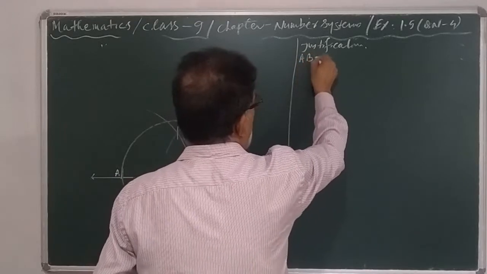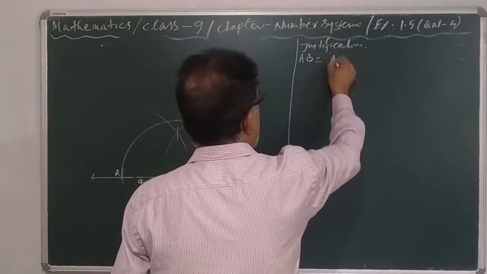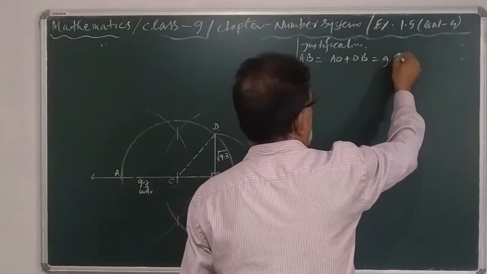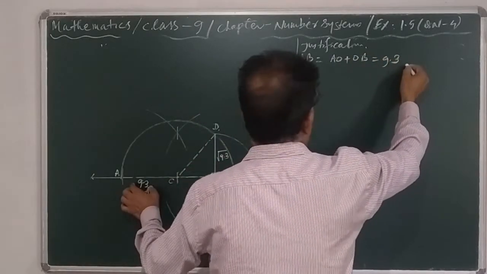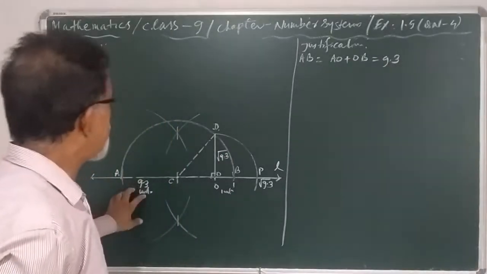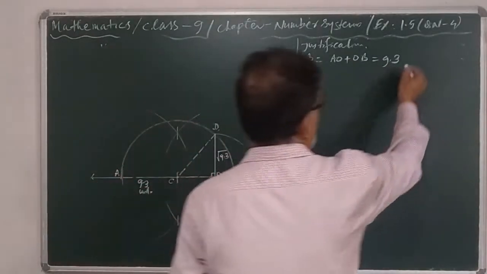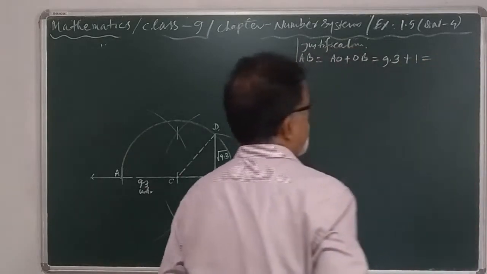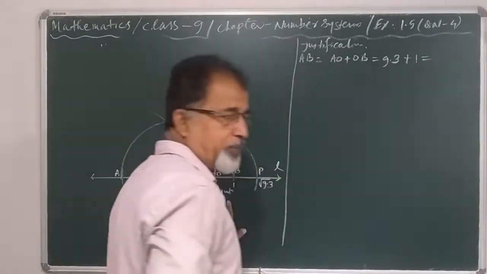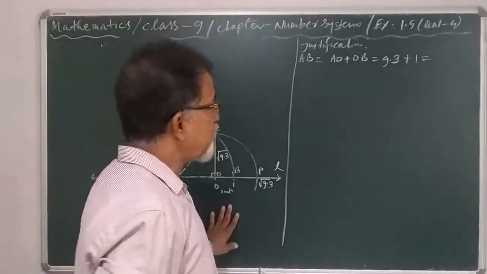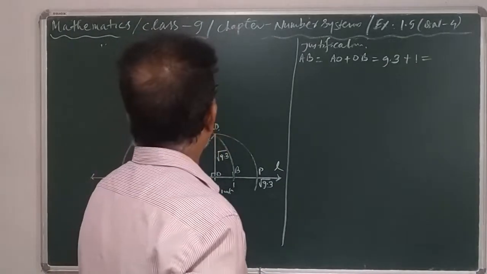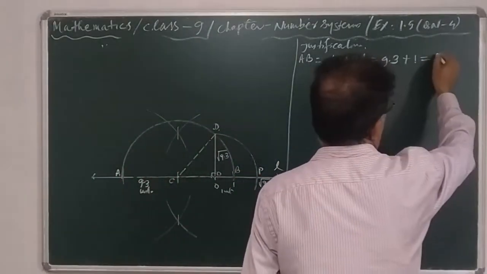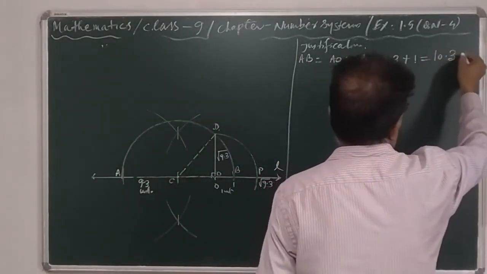AB equal to AO plus OB, AO equal to 9.3, what we have taken from the question, and OB equal to 1 unit, and 1 unit will be taken for any question which is in the form root over x. This is equal to 10.3.